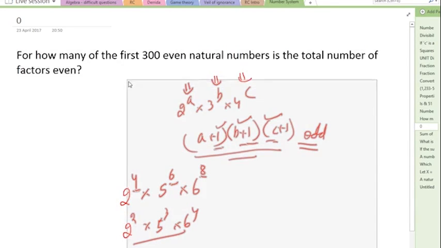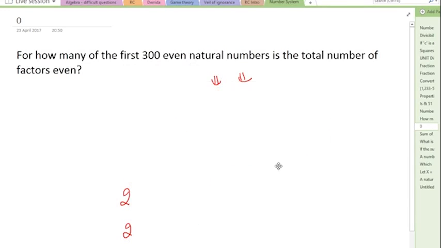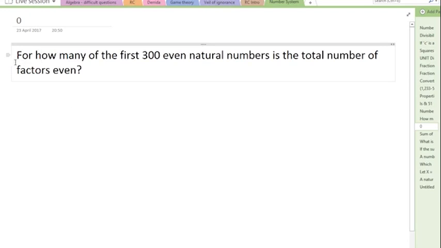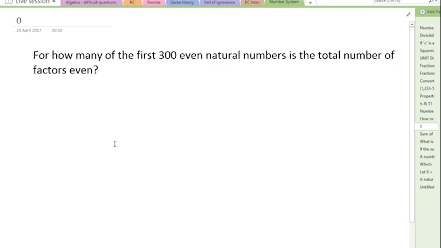So let's see how it helps us solve this question. I think you cannot see the question, I'll just try and move it. So we have the first 300 even natural numbers. How many of them have an even number of factors?